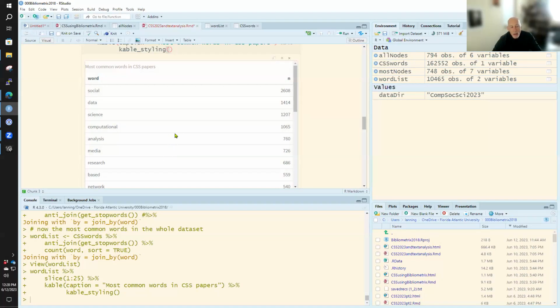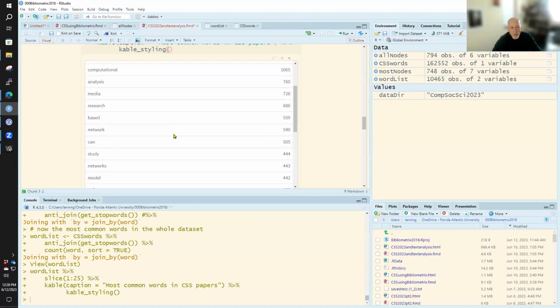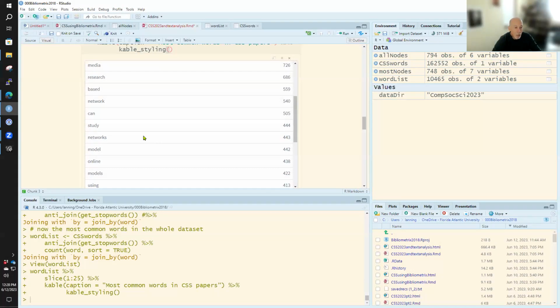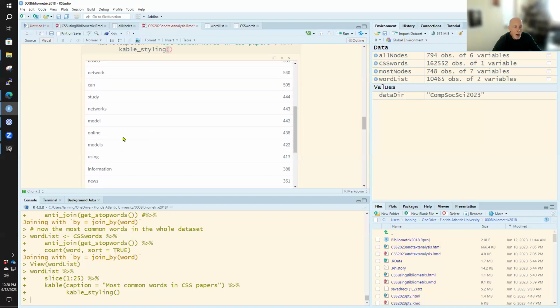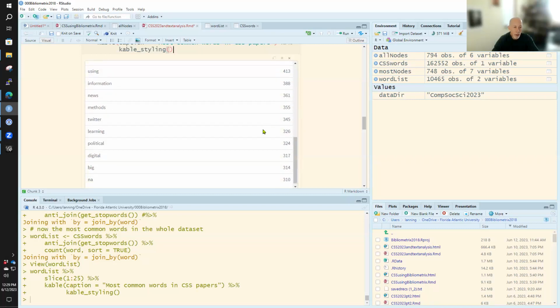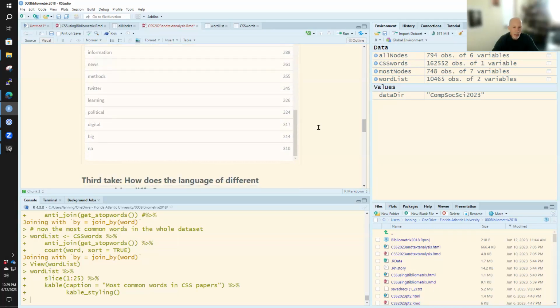But it's starting to give us a sense of what the field looks like: media, network, networks, model, and models. There are ways that we can combine those words. And AJ is going to be talking about text analysis in much more detail later in the week. And we'll talk about ways of stemming words then. But for our purposes, we can see these are the top words in the field.